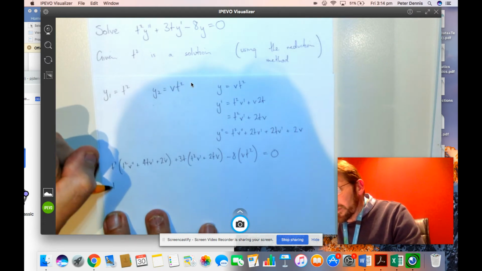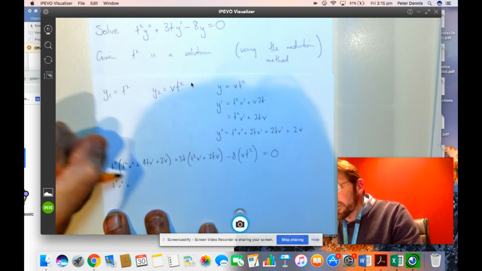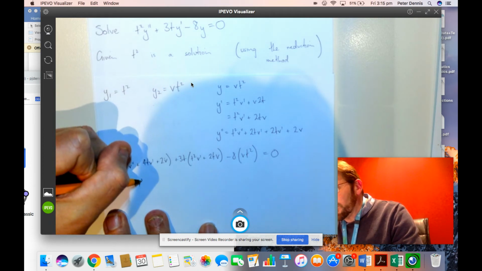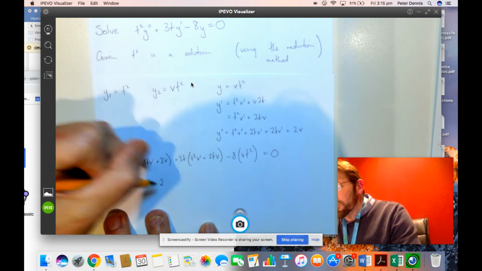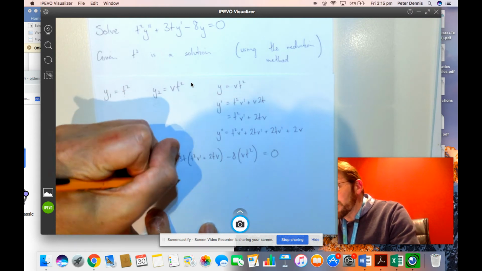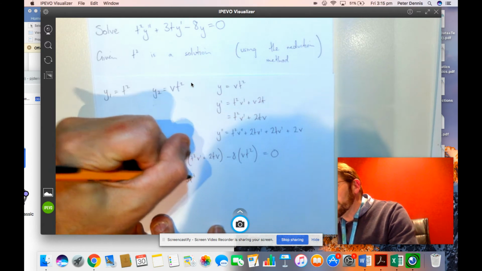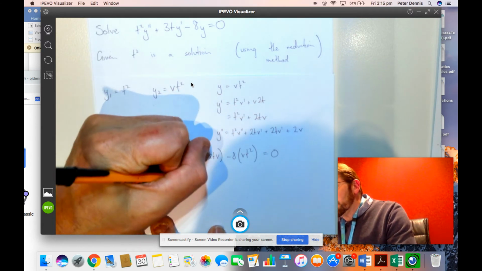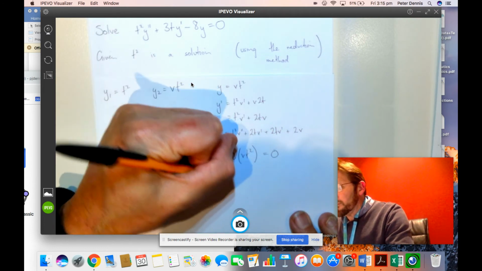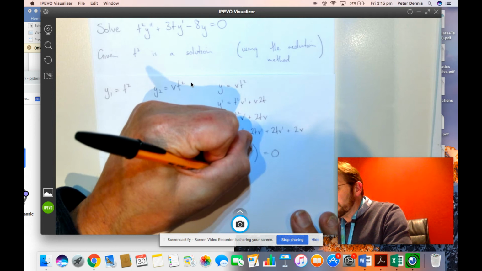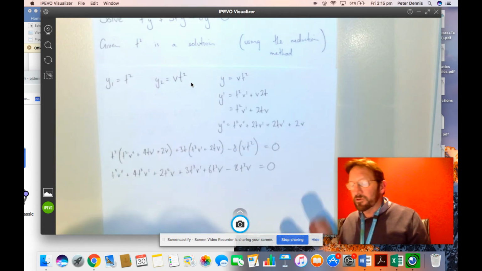Multiplying this out, we get t to the power of 4 v double dash plus 4t cubed v dash plus 2t squared v, plus 3t cubed v dash plus 6t squared v, minus 8t squared v. We know that equals 0.